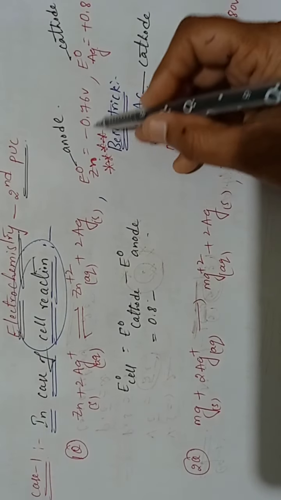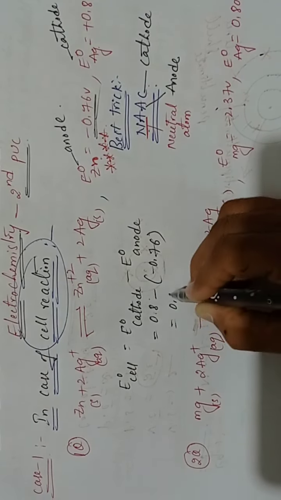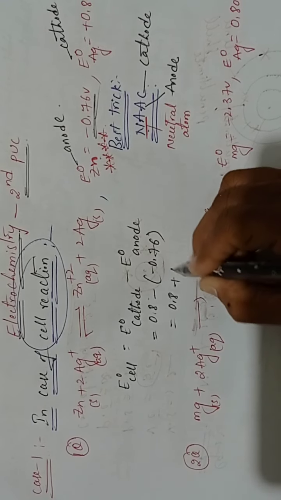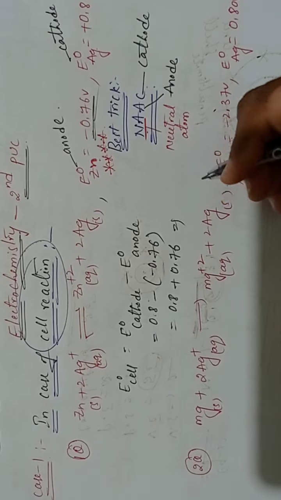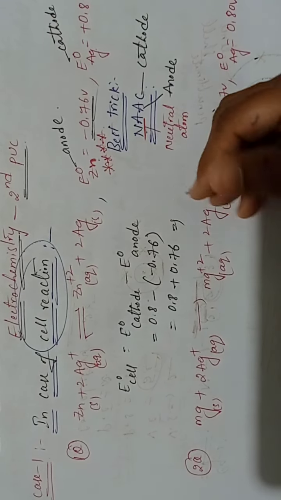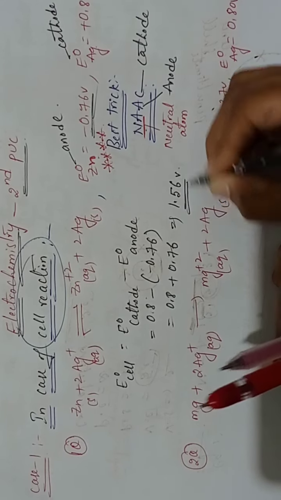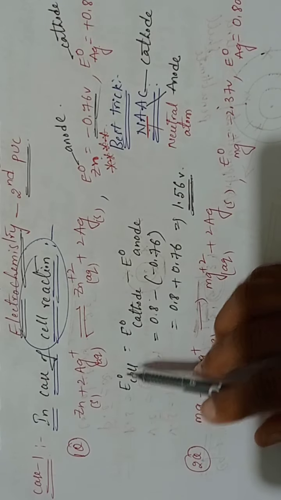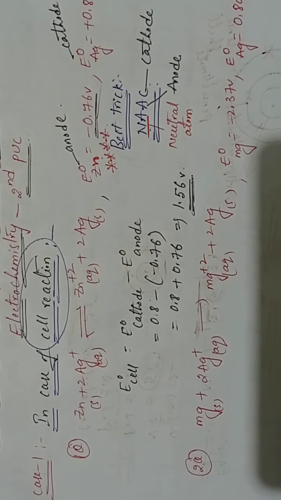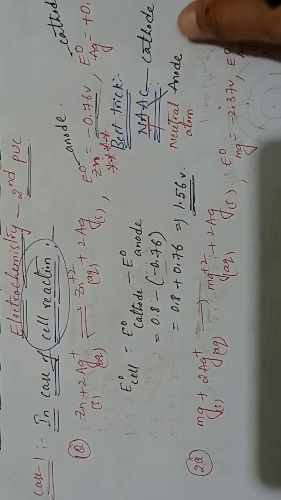E° anode is minus 0.76, so 0.8 minus (minus 0.76) equals 0.8 plus 0.76, which is 1.56 volts. This is the E° cell, the standard electrode potential or EMF of the cell. So the first cell reaction is completed.